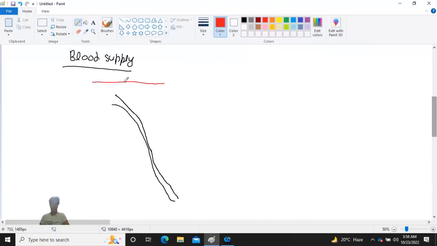There's the renal artery, so it gives a branch to supply the ureter. Then there is an artery called gonadal artery. It also gives the branch, superior and inferior, which supply the ureter, gonadal artery.